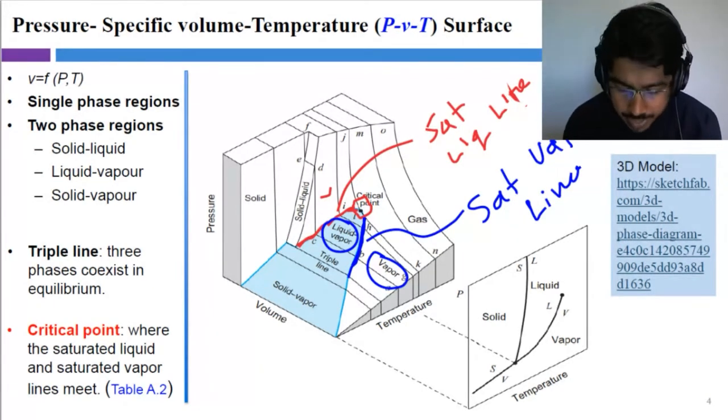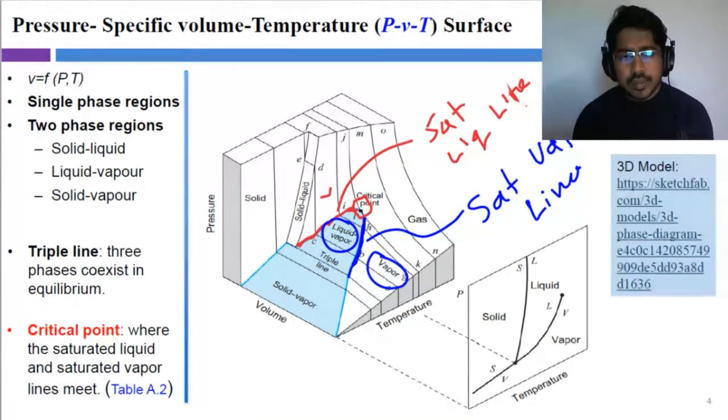Now, at the critical point, these two lines meet each other. By observing that, we can define the critical point as the point where the saturated liquid and saturated vapor lines meet.